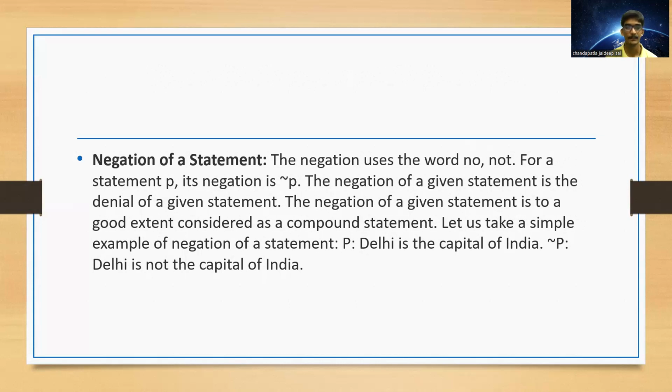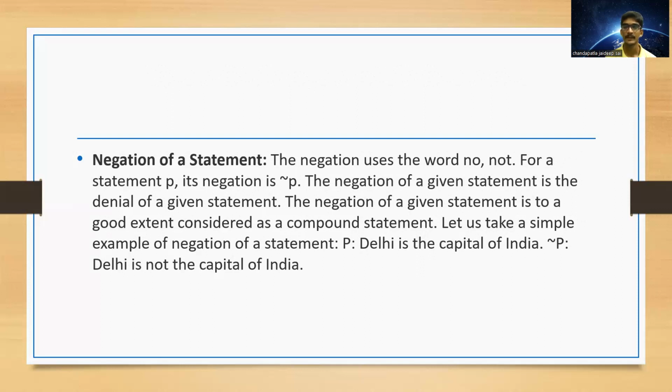Let us take a simple example of negation of a statement. Here we have a statement represented by the letter P, and the statement is Delhi is the capital of India. The negation of the statement is represented as negation of P, and the statement is Delhi is not the capital of India.